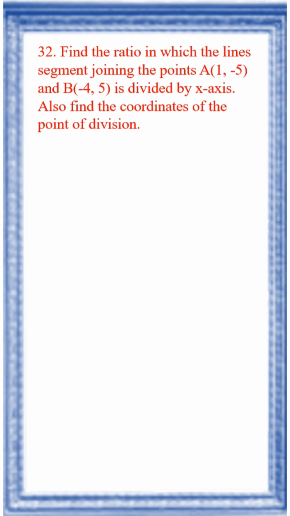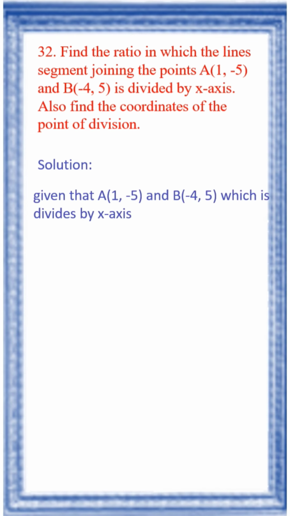Now let us solve the 32nd question, which is taken from the chapter Coordinate Geometry. Find the ratio in which the line segment joining the points A(1, -5) and B(-4, 5) is divided by the x-axis, and also find the coordinates of the point of division.